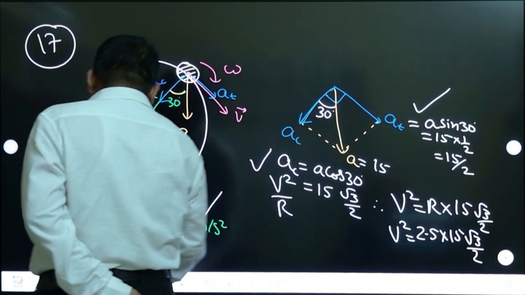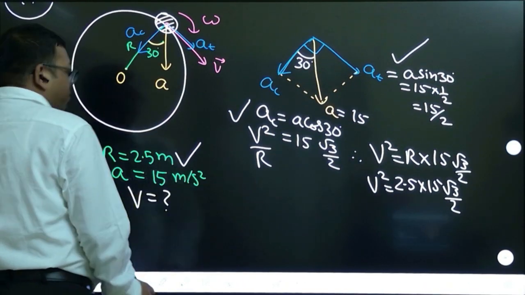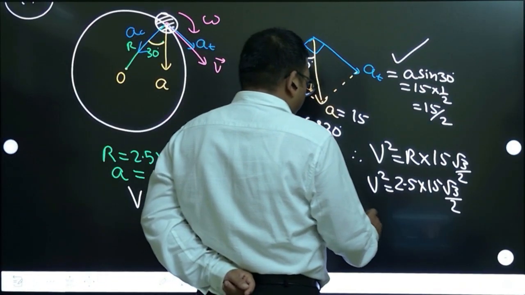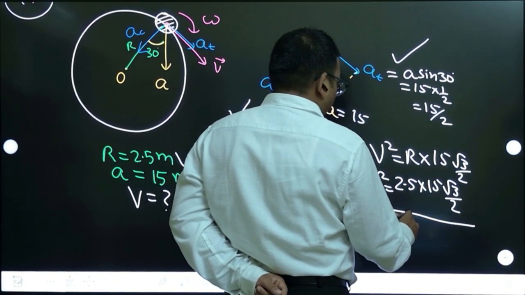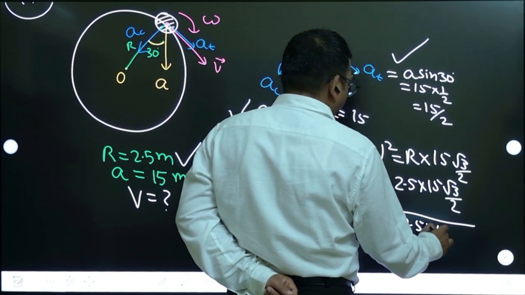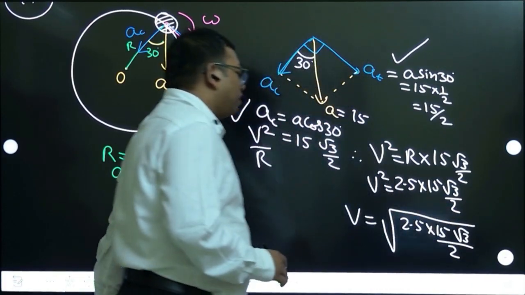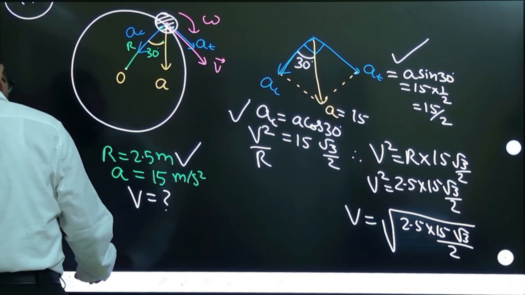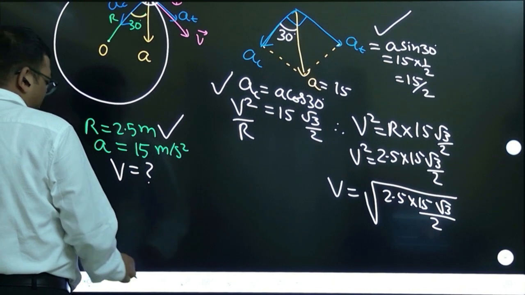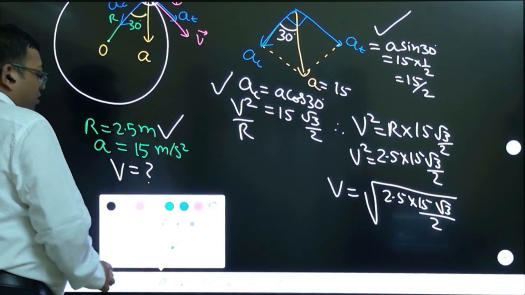Now we need to simplify that. So do the calculation now. So v will be under root of 2.5 into 15 into root 3 by 2. Now check the calculation and match the answer. Maybe there is a little calculation, and we have to check the answer.